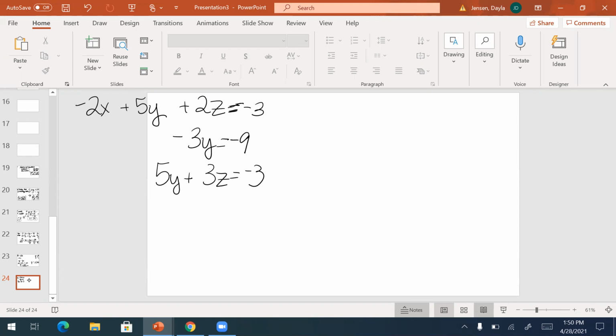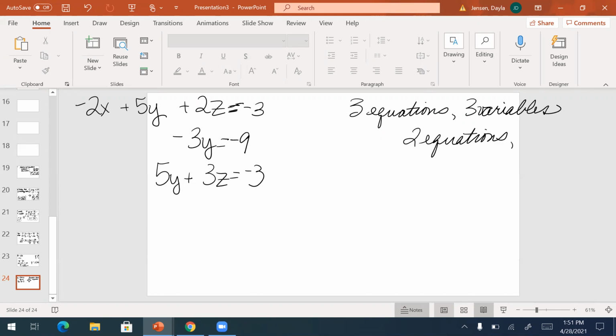So my goal is, I start with 3 equations, 3 variables. I'm going to use those same techniques that we've already talked about, substitution and elimination, to get 2 equations and 2 variables.